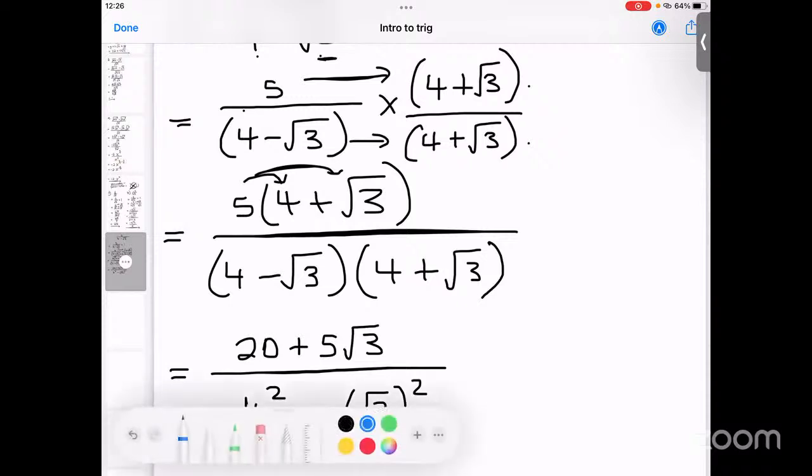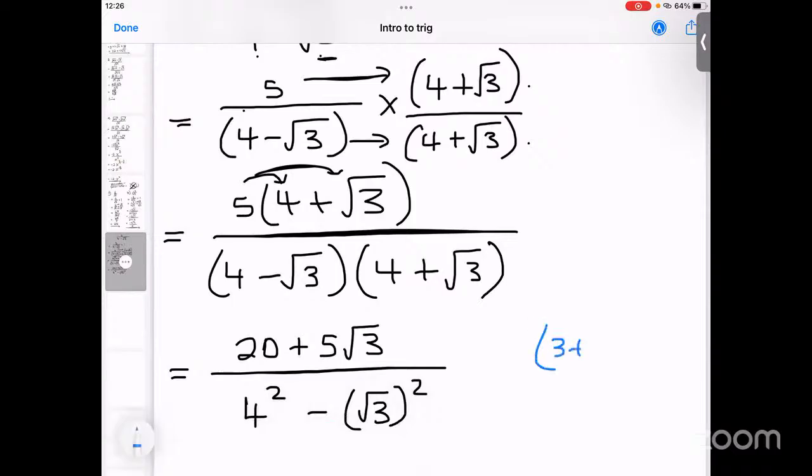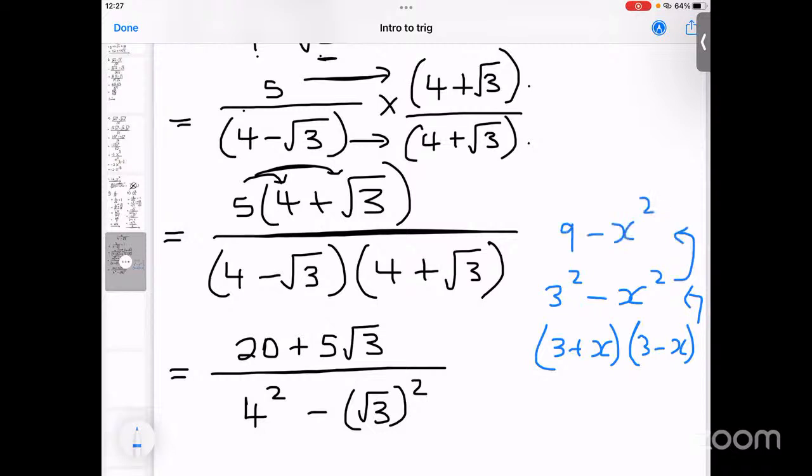Because if you remember, with regards to the difference between two squares, if you are having, let's say, 3, and then it could be a plus here, let's say x. As long as you have that same thing, but the sign is different here, we know that the reverse of this, because it was 3 squared minus x squared, the difference between two squares, is 3 squared is the same as 9 minus x squared.